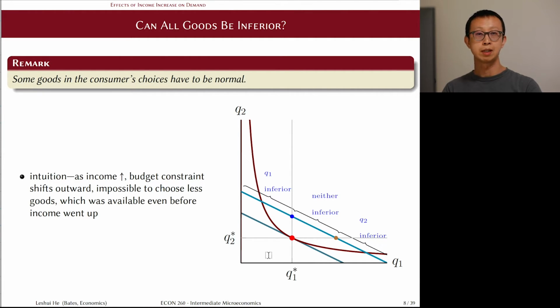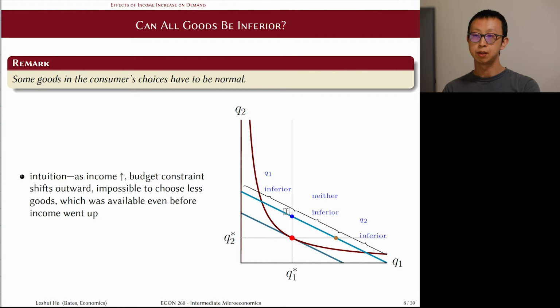To think about this slightly differently, regardless of where the new optimal consumption bundle lands on the new budget constraint, at most one of these goods can be inferior. We can reference the levels of the optimal consumption bundle from the starting point and cut the new budget constraint into 3 different sections.